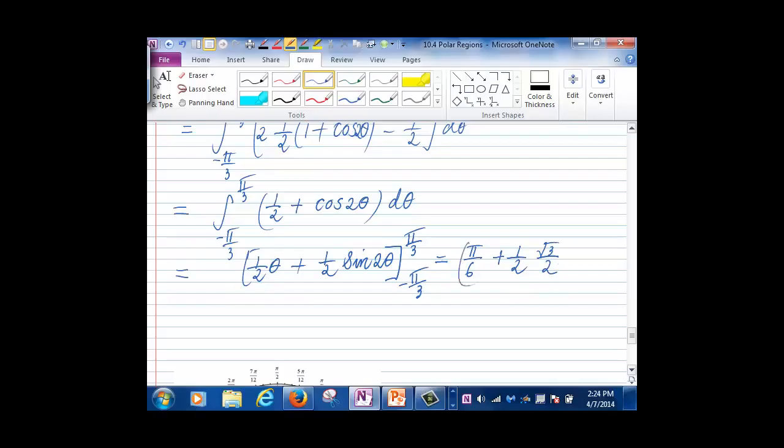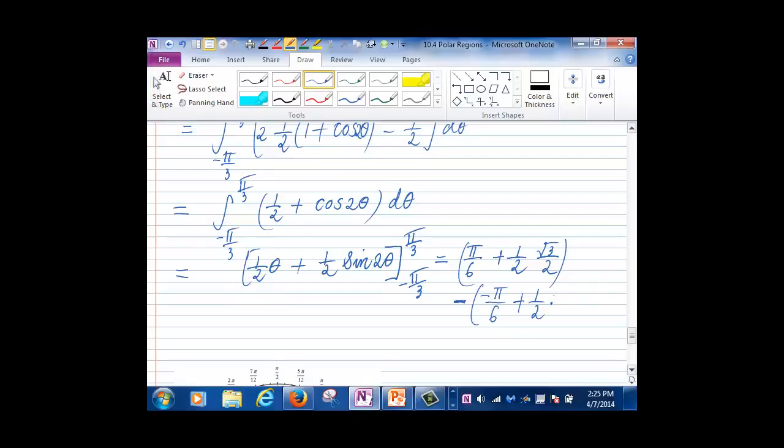Okay, so that's all I get from plugging in pi over 3. And what happens when you plug in negative pi over 3? You get negative pi over 6, right? And then plus a half times, now it's sine of that, right?